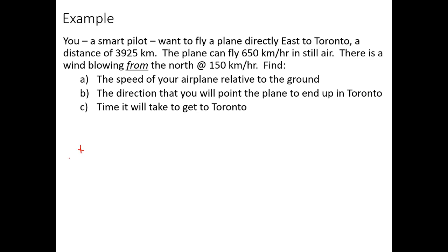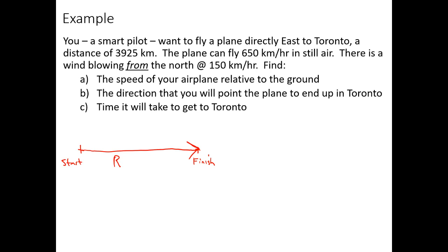So here's our start. Here's our finish. I know that as a smart pilot, this is what I want my resultant to be. That's my R. I want to end up going directly east.